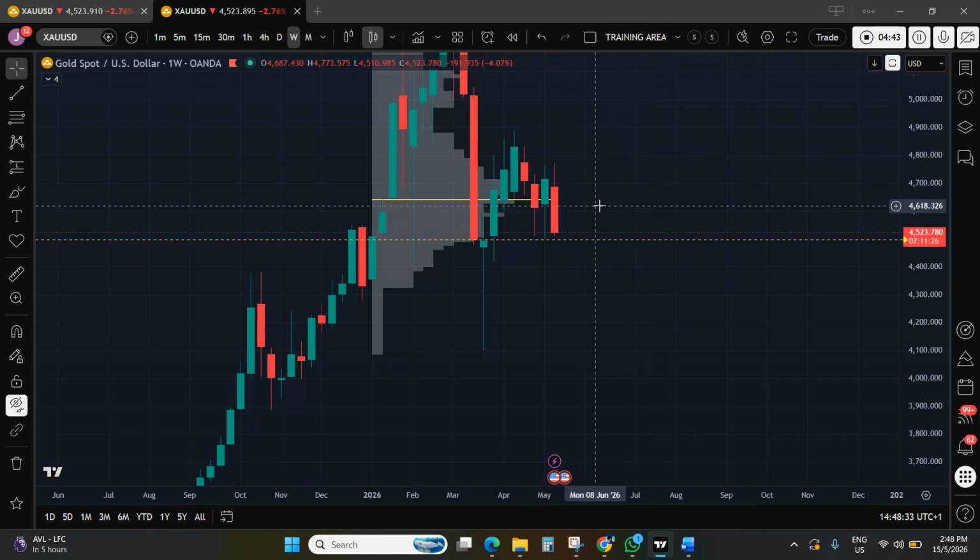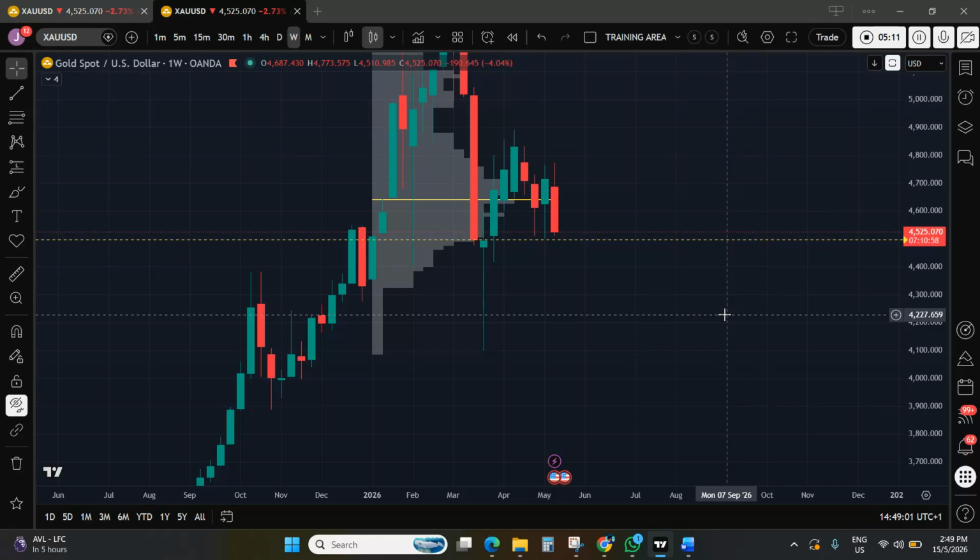And of course, here is the point of control line we have. And the gold price has already started closing below this. And I don't know if some magic happens, if there is any news from the US-China trade deal or whatever, the ongoing US-Iran war, if there is any sort of positive trigger and the price manages to close above this POC, then we can say this is invalidated.